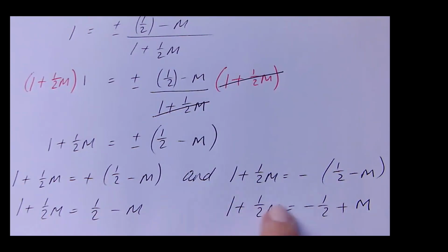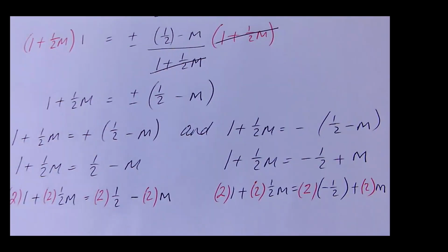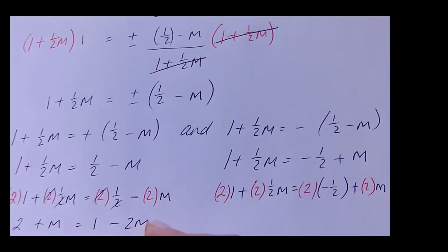Now, rather than deal with these nasty halves everywhere, what I'm going to do is multiply across by 2 to make life easier for myself. And what I get then is 2 times 1 is 2. This cancels with this, so I'm left with just an m. This cancels with this, so I'm left with 1, and then minus 2 times m is minus 2m.